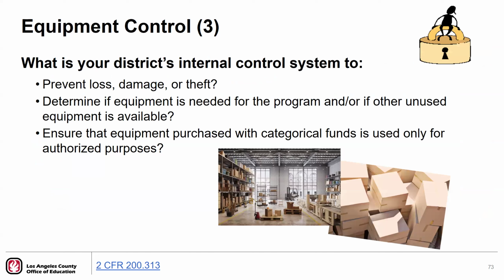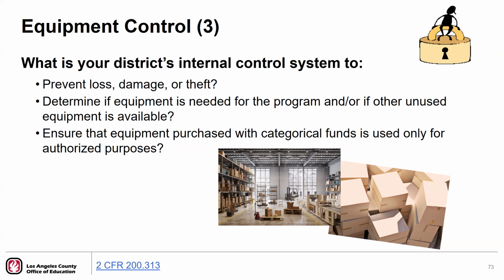So continuing with equipment control, Code of Federal Regulations 200.313 addresses responsibilities for recipients and subrecipients of federal program grants to manage equipment that is acquired in part or fully with federal funds.